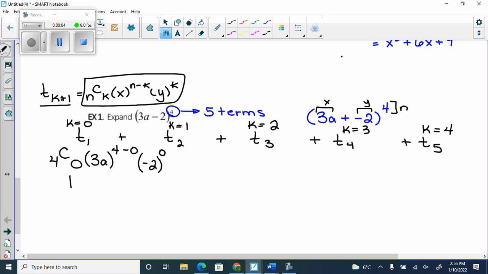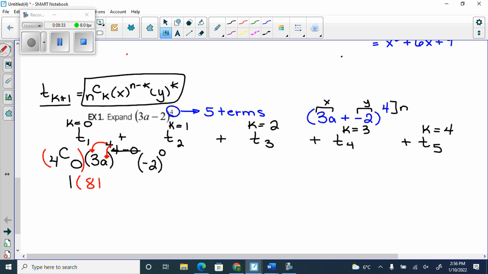4 minus 0 is 4. Now this is the error that happens in these, and when they're on the diploma, they would often error them this way. They'll give you the answer if you forget to put the 4 to the 3. So the 4 has to go to the 3, and the 4 has to go to the a. Do you see how that could be an oopsie, where you'd go 3a to the 4 when it's actually 81a to the 4? Because 3 to the 4 is 81, so this is in brackets. These are all multiplied.